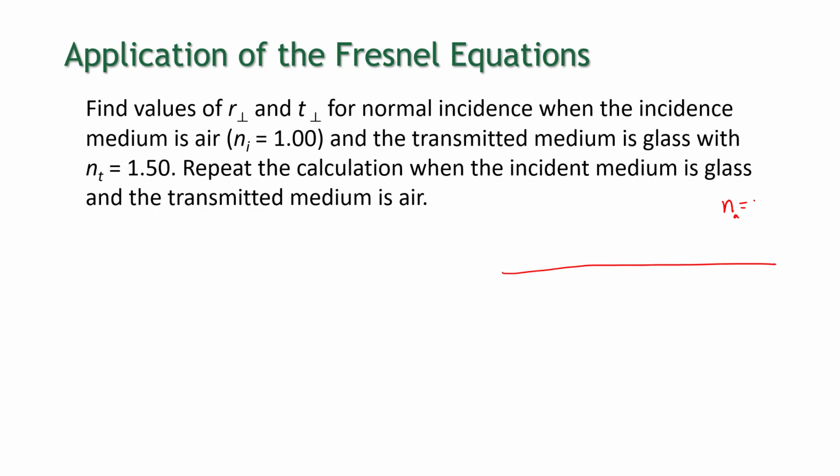Air is 1 refractive index, and glass is 1.5, and light hits normally on that interface. So we want to find R perpendicular and, sorry, not R parallel, T perpendicular.